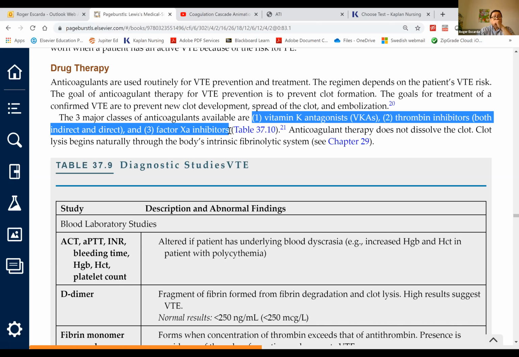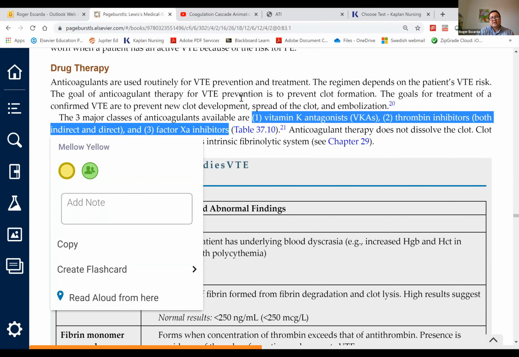Indirect thrombin inhibitors are your heparin, as well as your low molecular weight heparin. The direct thrombin inhibitors are argatroban and also bivalirudin, which is Angiomax. I'll discuss them shortly and when they are used.